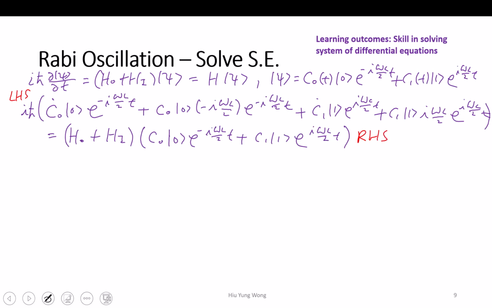Now, how do we solve this equation? Our goal is to find out C0 and C1. So what I can do is apply 0 to the left, so that I do an inner product to this state. Apply this whole thing to this whole thing. Now, what do you get on the left hand side when you apply 0 to it?